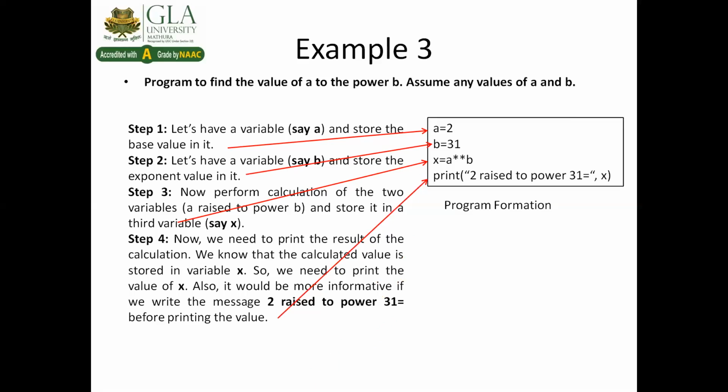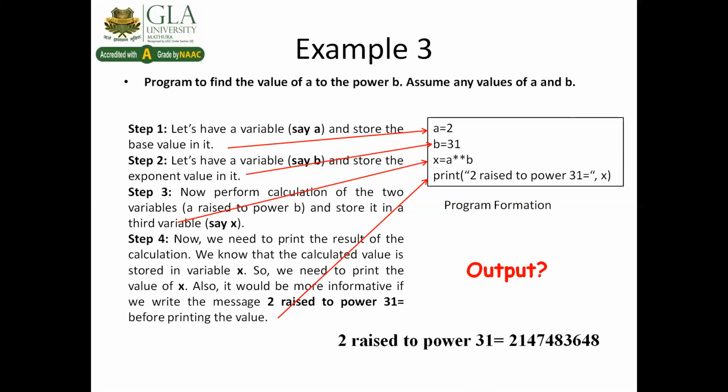So I have written print, within inverted commas, 2 raised to the power 31 equal to, and the value of x. It would give me the output as 2 raised to the power 31 equal to 2147483648.